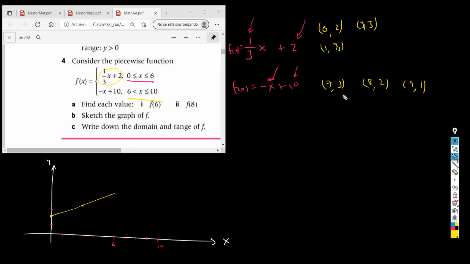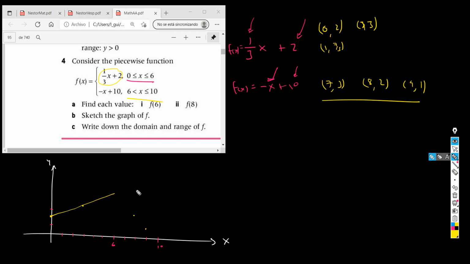So let me draw this other line. And I'm going to draw it by using these points. 7, 3, 8, 2, 9, 1, kind of like this.